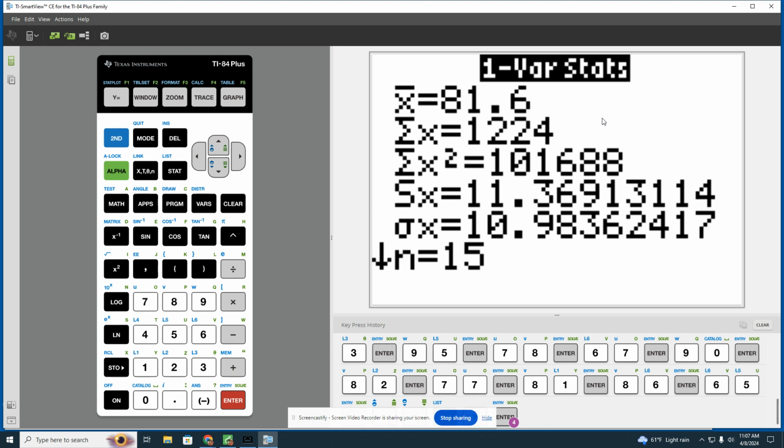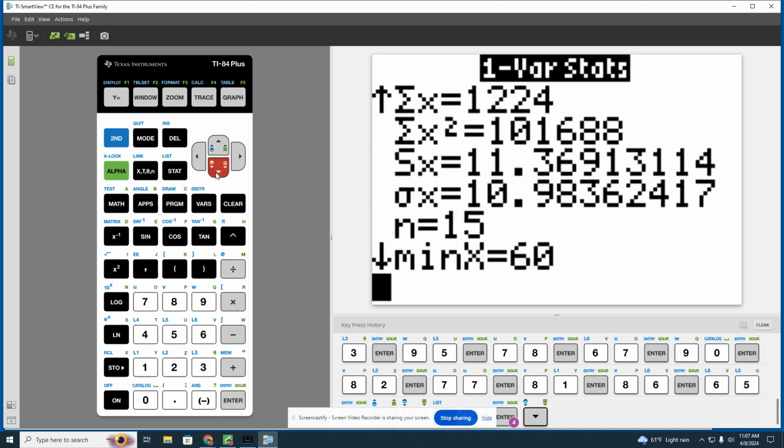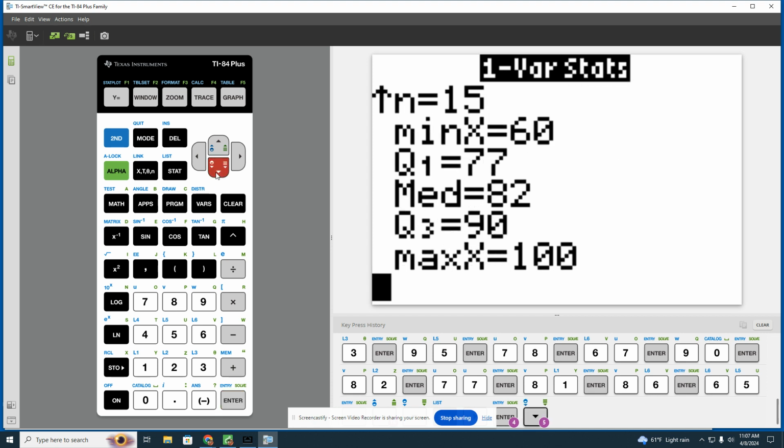So my mean is 81.6. Okay, sum. What is this one? That's your standard deviation. So my standard deviation is 10.98. What else can we find here in this list? Right here, median is 82.